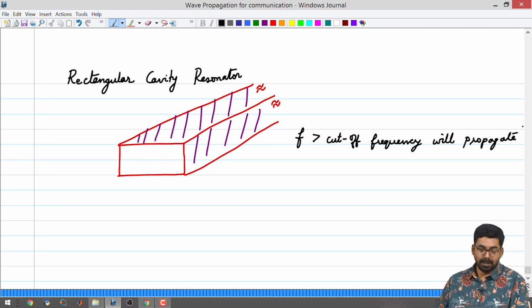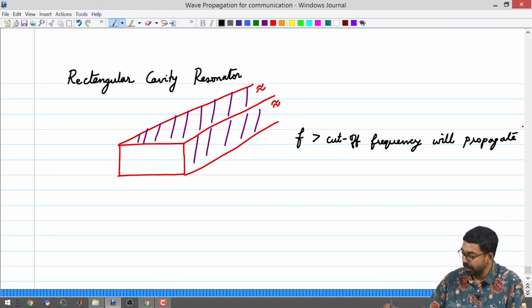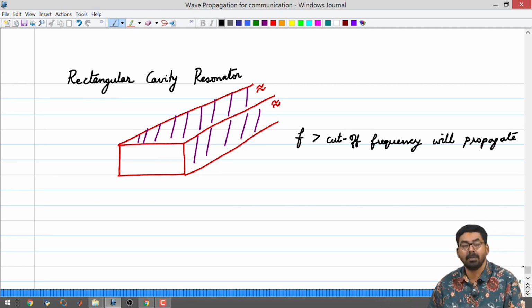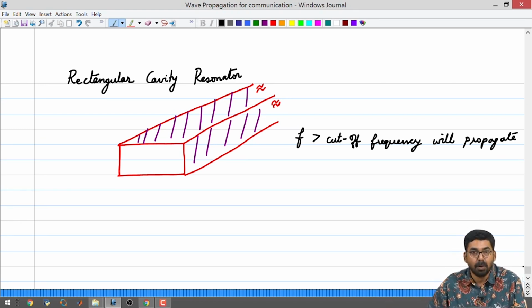Okay. And the description for the cutoff frequency, we have already seen that we can arrive at the cutoff frequency for different kinds of modes, and we also discussed what the modes would look like, right. How many sinusoids or how many half cycles of the sinusoids you will have in each direction, etc. This discussion has been done for parallel plate and rectangular waveguide in the past.